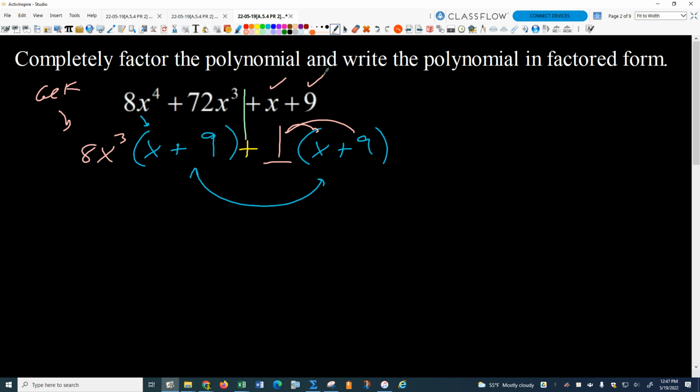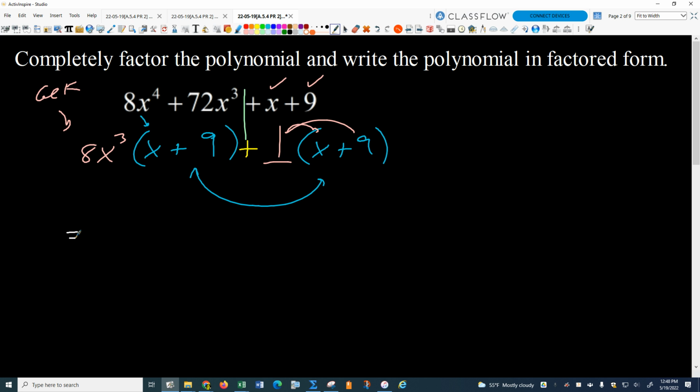So now, what's next? Summer, what am I doing next here? Well, I mean, kind of, but I'm trying to undistribute the common factor from each group. So the blue one's the common one, right?